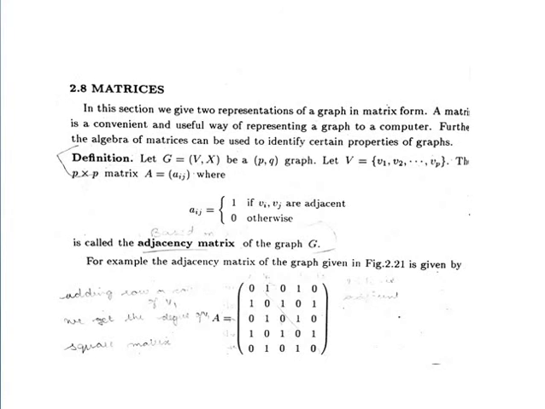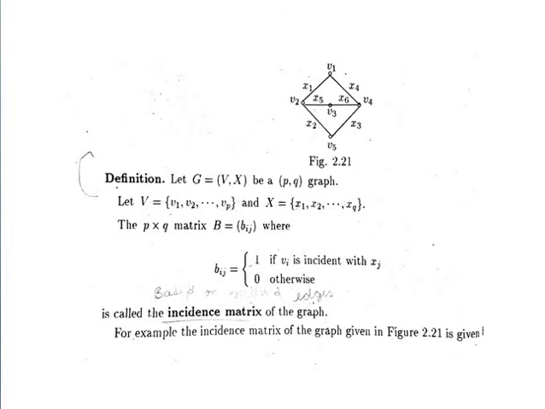For a simple graph, the following matrix is the adjacency matrix. Next definition, the incidence matrix. Let G equal to (V, X) be a (p, q) graph. Let V equal to v1 to vp and X equal to x1 to xq.